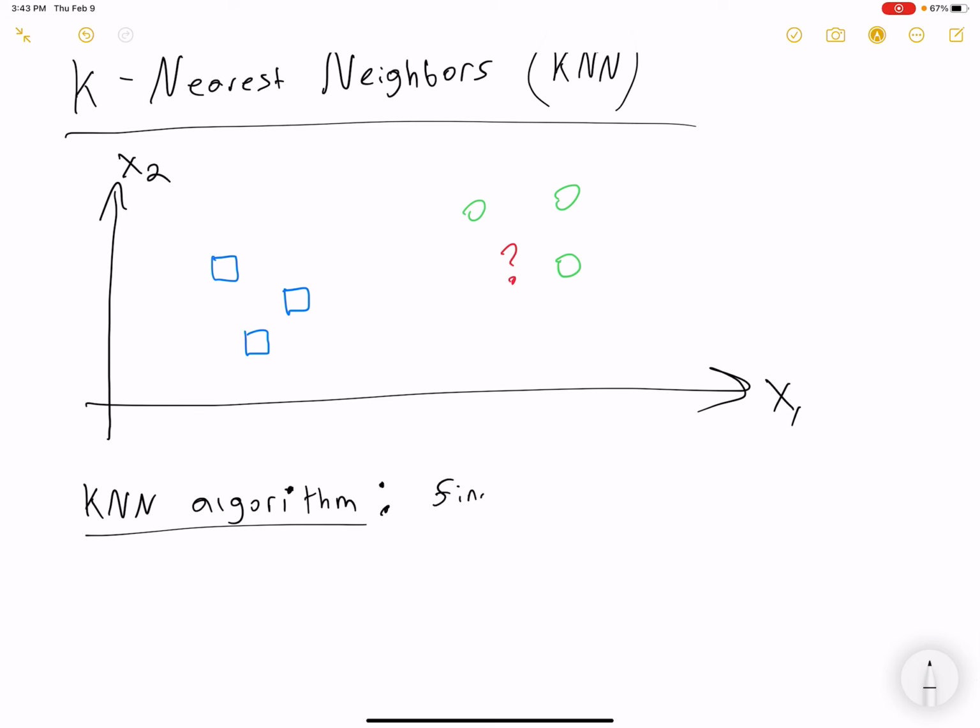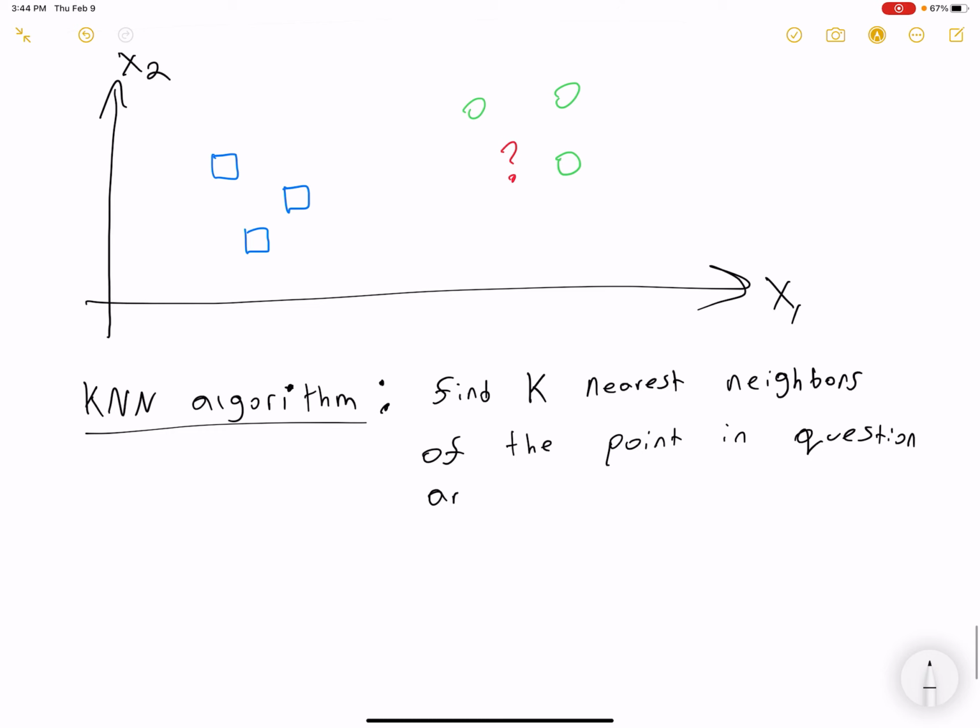Find the K nearest neighbors, where K is a hyperparameter, of the point in question, and classify it as the majority.